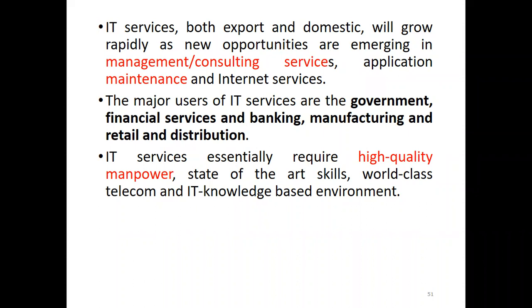The major users of IT services are the government, financial services, banking, manufacturing, and retail and distribution agencies. By adopting these IT services, these companies are improving their efficiencies. They are also consuming much less time to reach the customers. So this is the benefit of this IT sector.